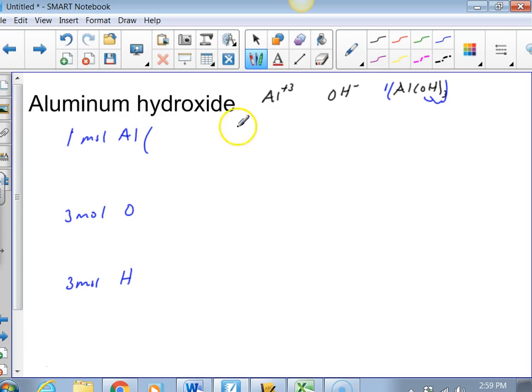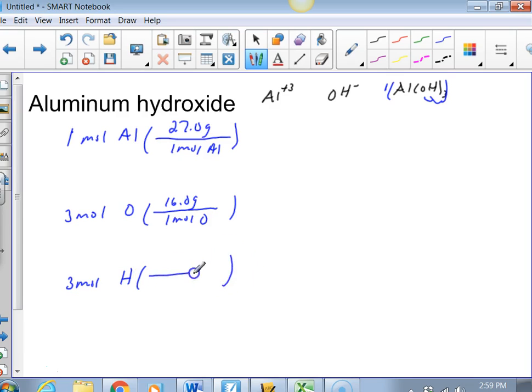Okay, so 1 mole of aluminum is going to be 27 grams in every 1 mole of aluminum. We're going to have 16 grams in every 1 mole of oxygen. And we're going to have 1.01 grams for every 1 mole of hydrogen.